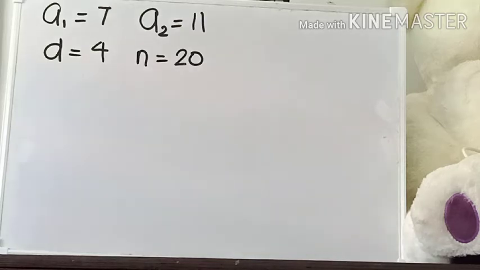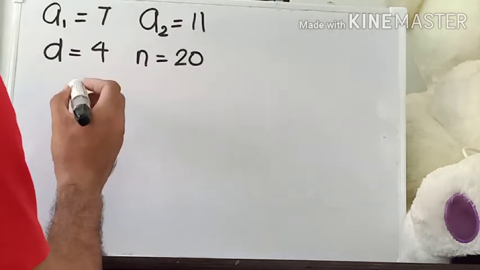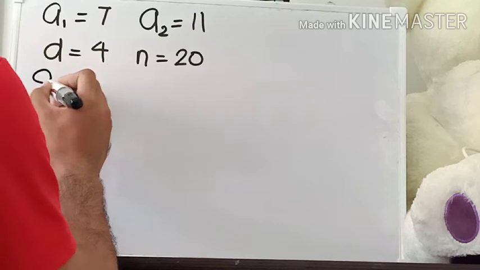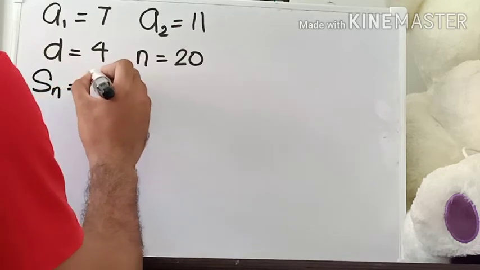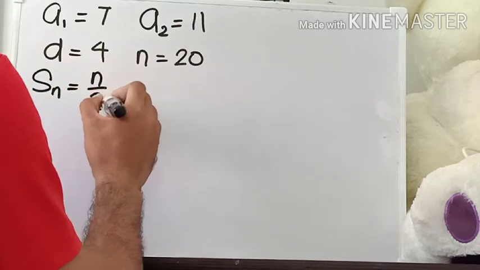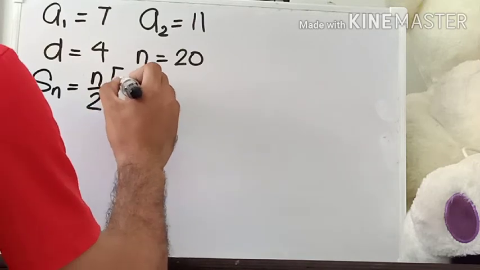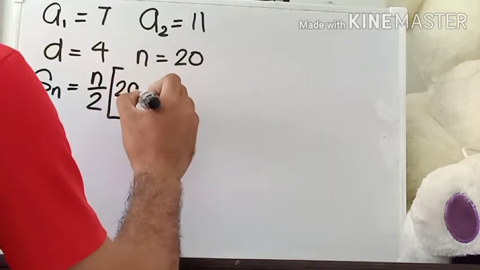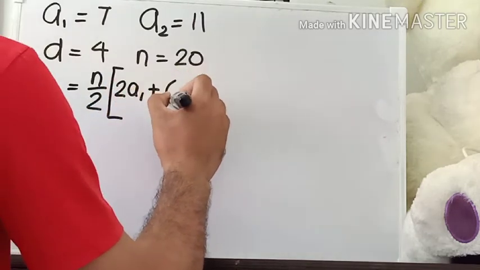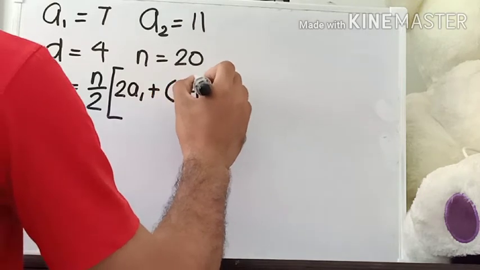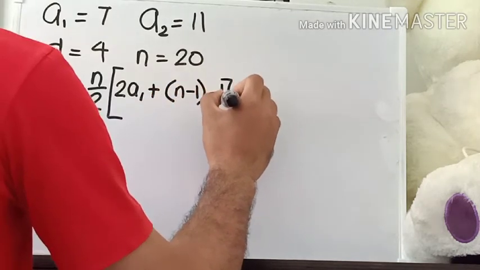Okay, now if you could still remember the formula in finding the sum of the number of terms in a given arithmetic series, our formula is S sub n is equal to n over 2 times the quantity of 2 times the first term plus the quantity of n minus 1 times the common difference.